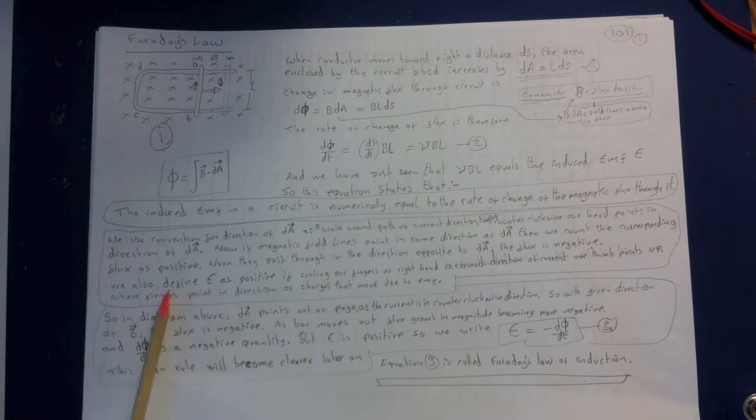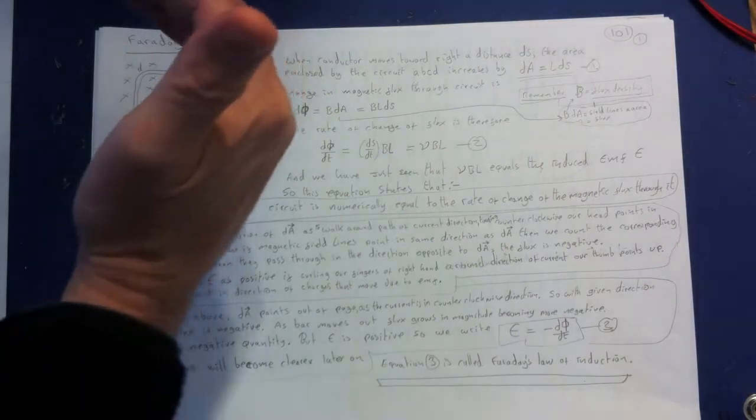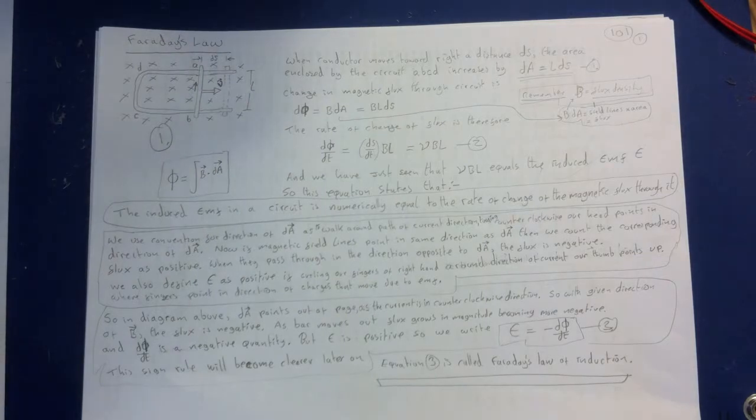To make that clearer, in the diagram above, dA points out of the page because the current is in a counterclockwise direction. We put our fingers in the direction of current.